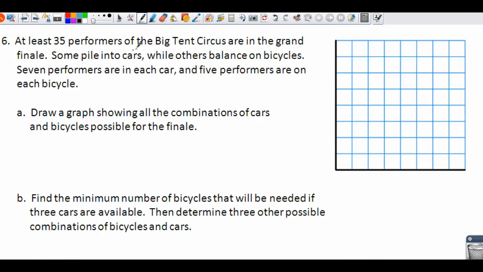We have 35 performers in a circus. Some are in cars, some are on bicycles. Each car holds 7 performers. Each bicycle holds 5. Draw a graph showing all combinations of cars and bicycles in the possible finale.